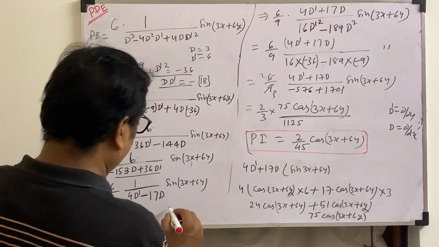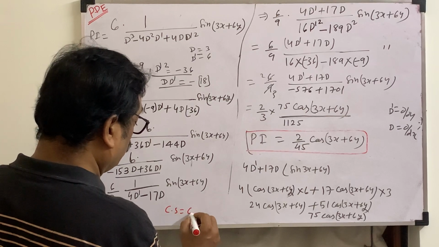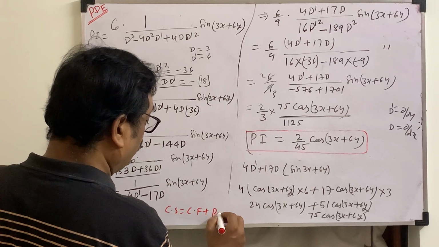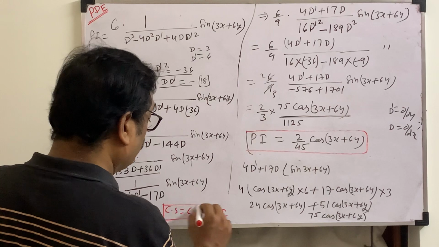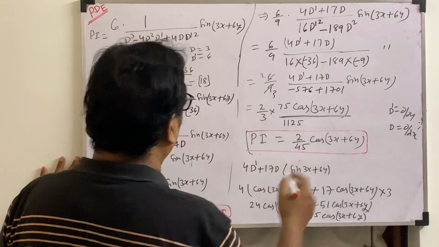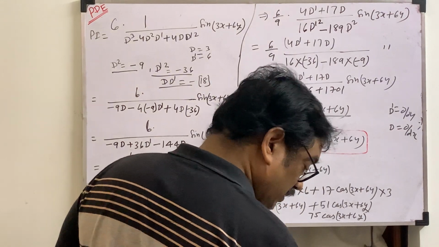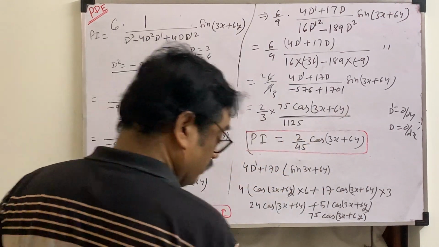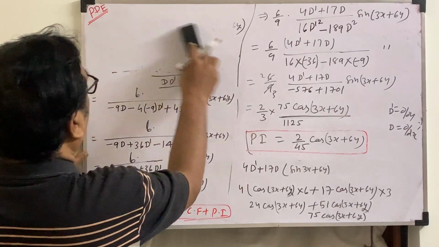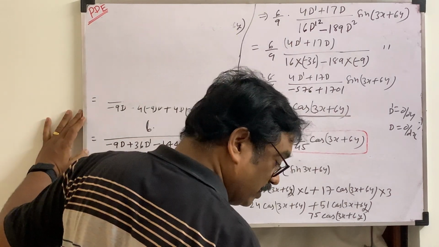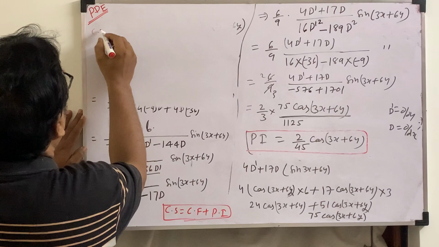Then what will the solution be here? The complete solution is equal to CF plus PI. What CF we got and this PI you wrote, this is the complete solution. So that answer you have to write. Look here. What is the complementary function we got?